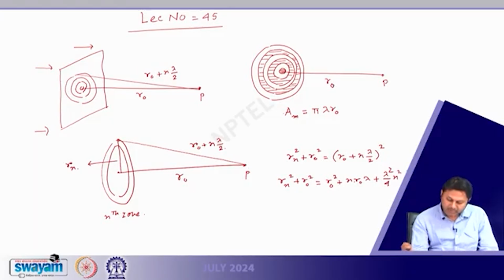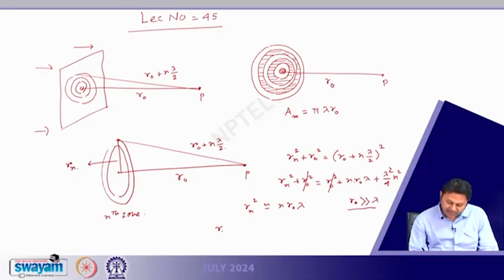Now the R naught square cancels out, and essentially R n square is nearly equal to n R naught lambda, because R naught in general is very large compared to the wavelength lambda, so I can neglect the lambda square term.